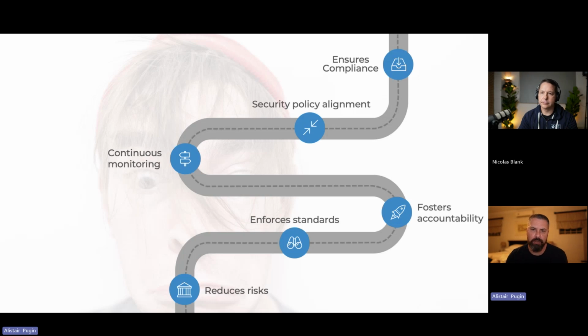Nick, you always talked about security policy alignment and being able to reduce risks. Gosh, isn't risk the middle name of everyone who's been doing this for a long time? The simple truth, though, is if we do anything with rigor and we do it based on a framework, we automatically reduce risk.